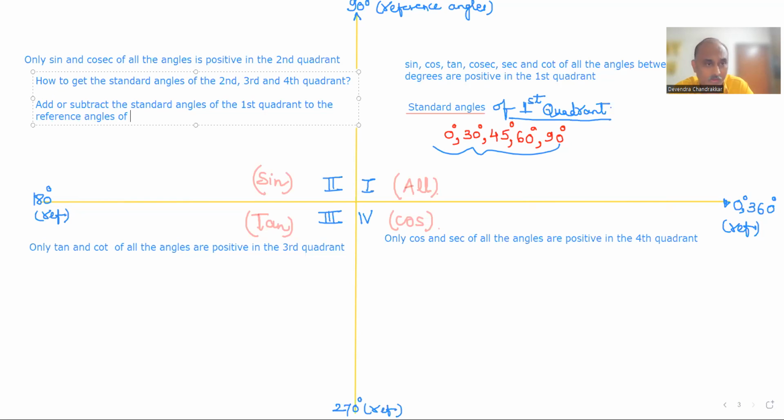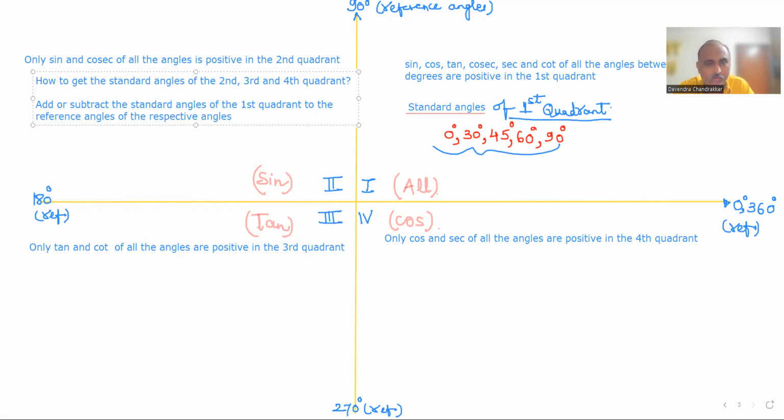So add or subtract the standard angles of the first quadrant to the reference angles of the respective quadrants. Whichever quadrant you want to find the standard angles.